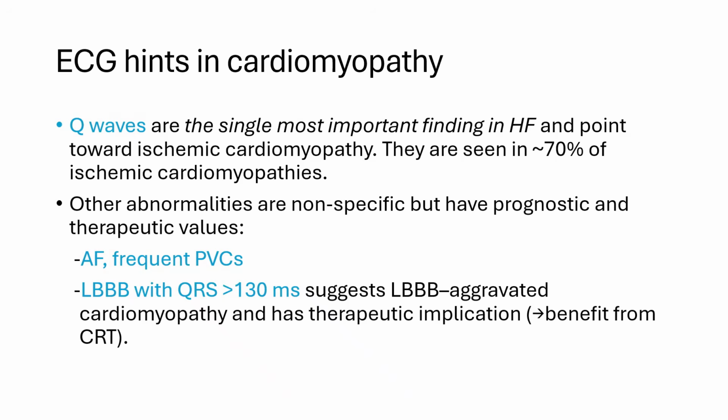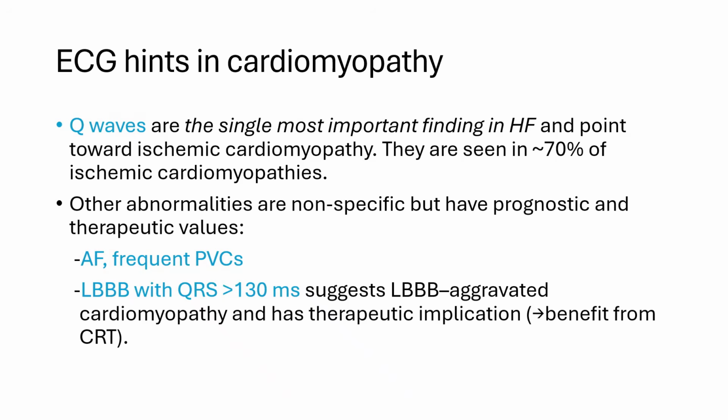They may be seen in a hibernating myocardium. They do reduce the likelihood of myocardial recovery and viability, but they do not exclude it. And most patients with Q waves experience some improvement of LV function with medical therapy or other therapies and revascularization.